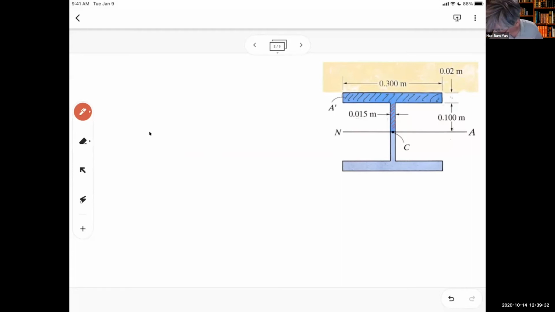What we're gonna do is we want to calculate the Q at this point, and this point, right? To be more precise, okay, let's do it this way.